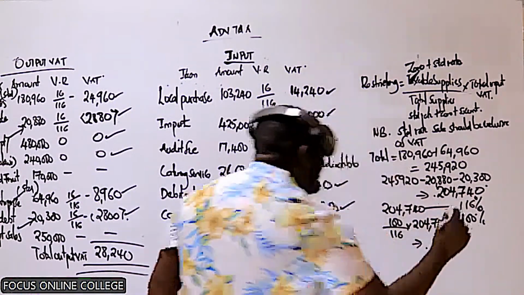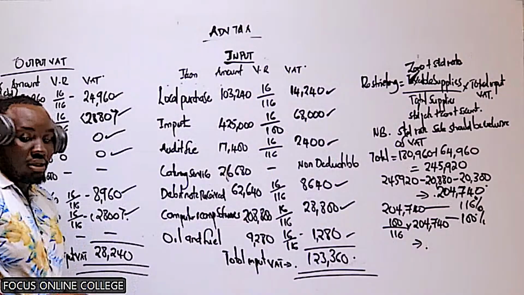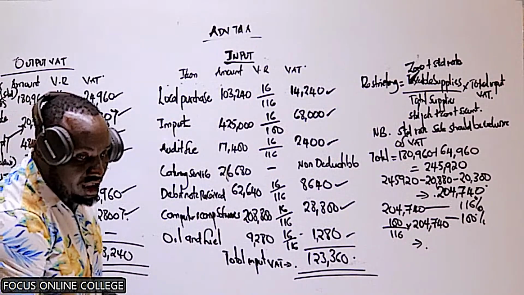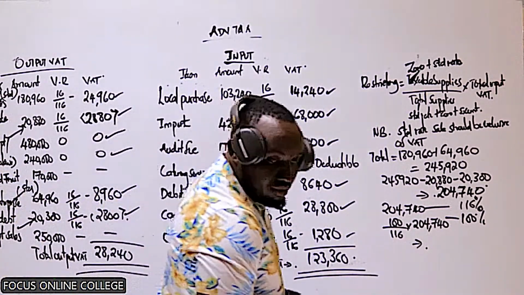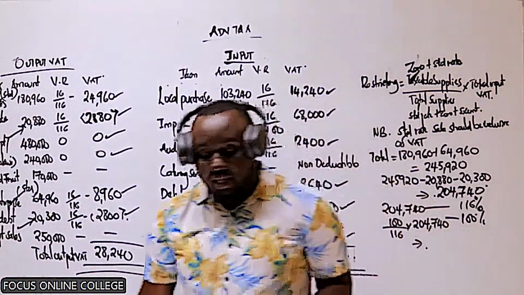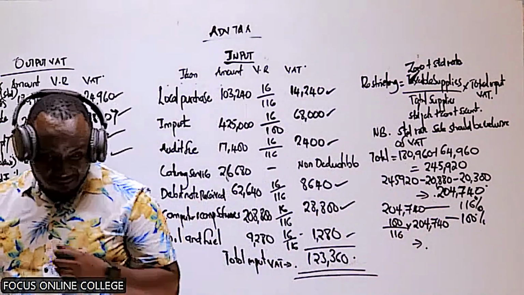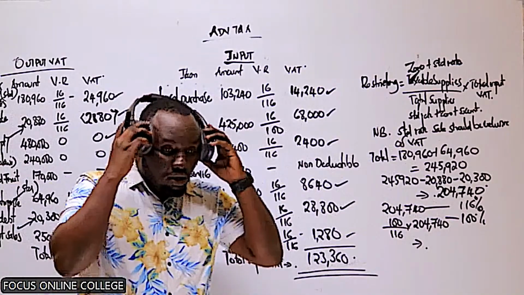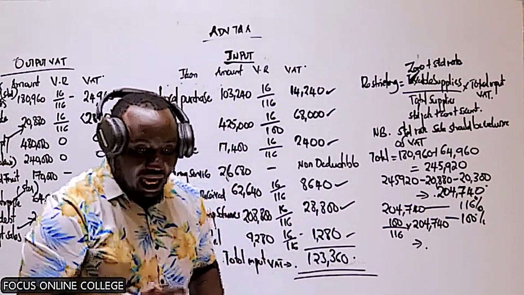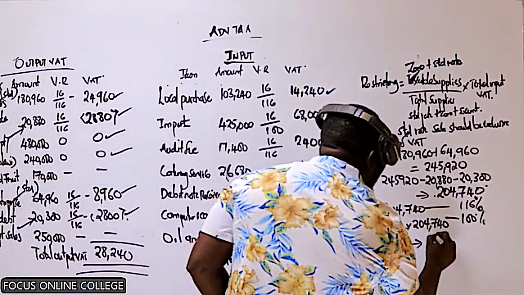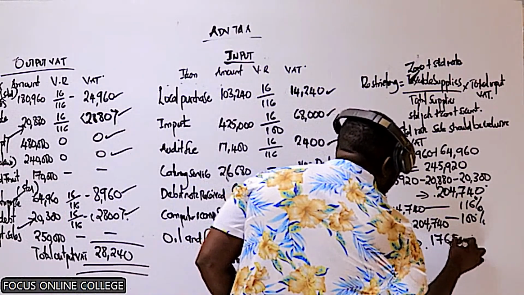So what is the figure exclusive of VAT? We have a figure of 176,500.